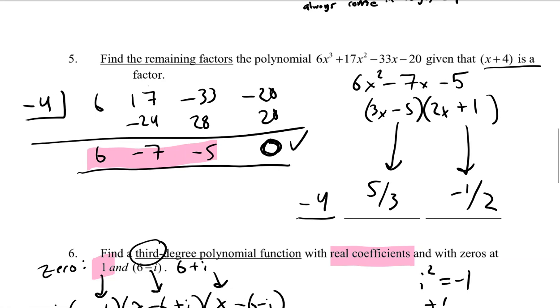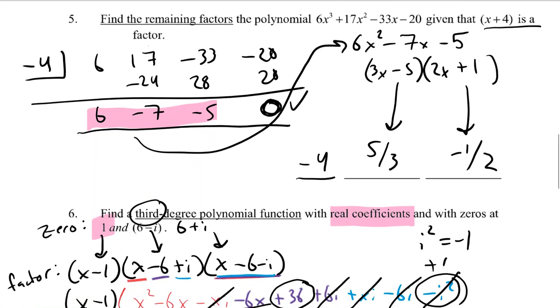The whole purpose is to take this third degree and get it down to a second degree. Because with second degrees, even if it didn't factor, which I hope it does, we could have at least used the quadratic formula. So we had the 1 zero that was given to us, and then the other 2 came from the quadratic. But to expose the quadratic, you have to divide out the zeros and the factors that you have.